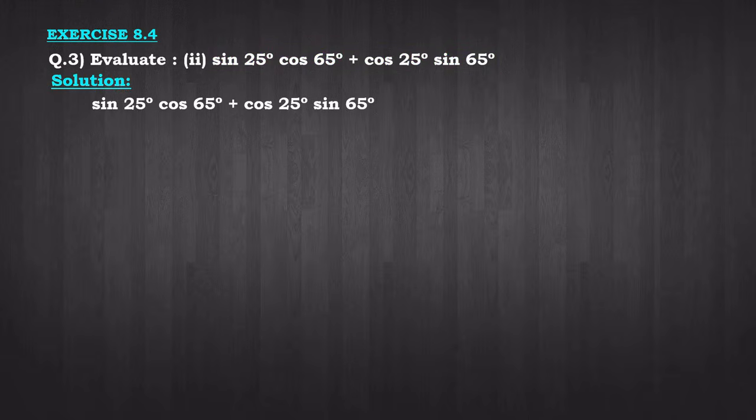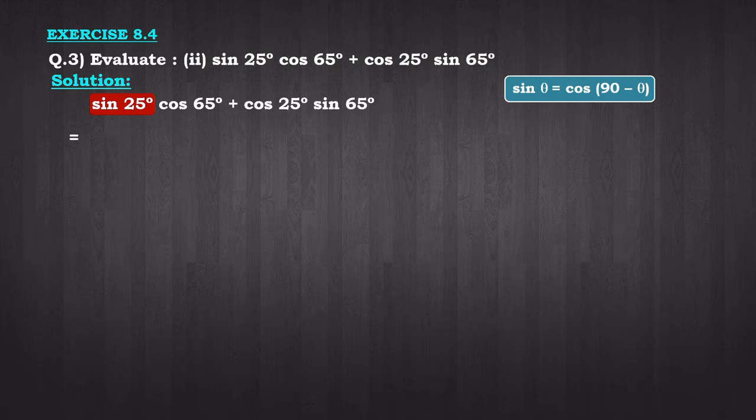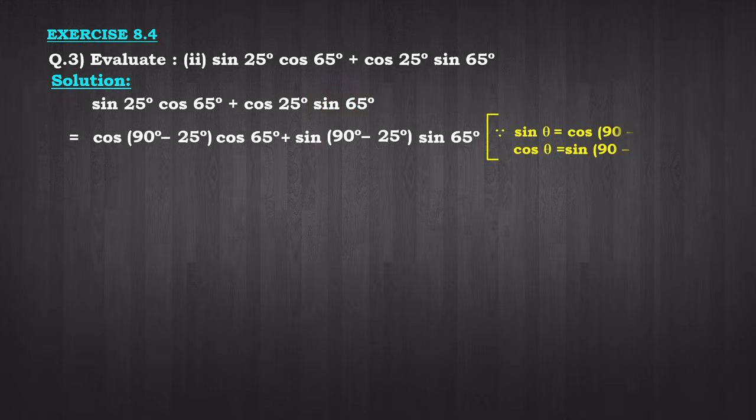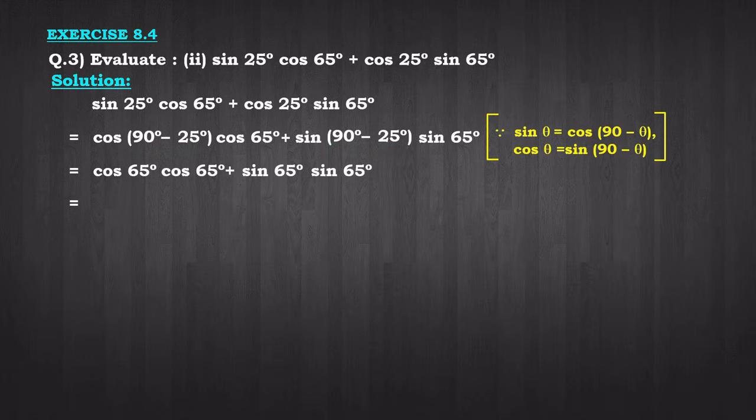First, use the complementary angle identities. Sine theta is equal to cosine of 90 degrees minus theta, and cosine theta is equal to sine of 90 degrees minus theta. So, sine 25 degrees becomes cosine 65 degrees, and cosine 25 degrees becomes sine 65 degrees.